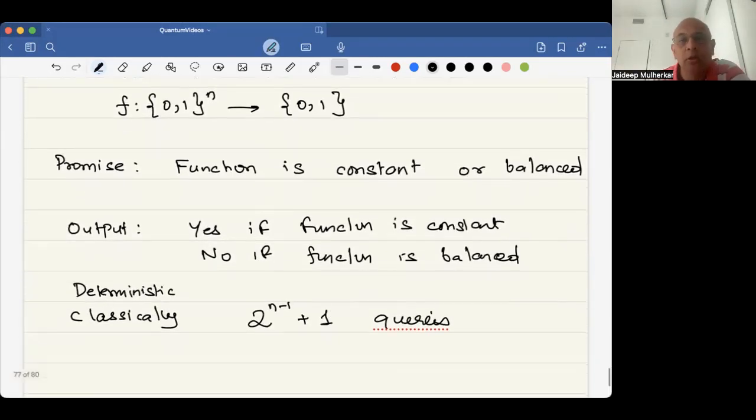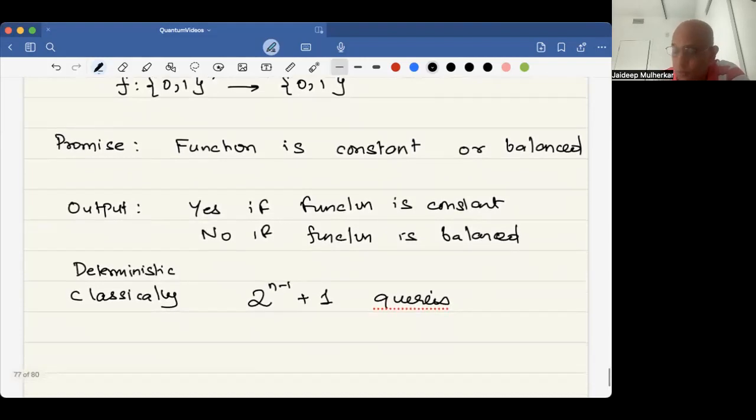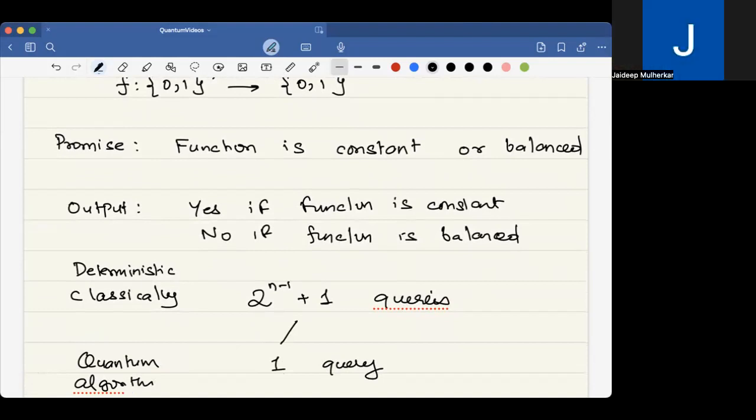In the Deutsch Jozsa quantum algorithm, which we'll show shortly, it requires only 1 query. All right, so let's go ahead and find the details of this.